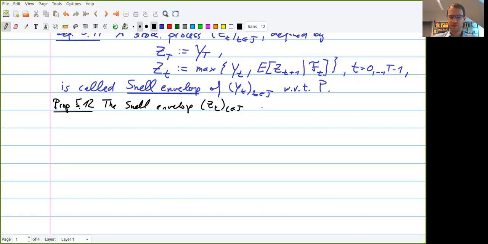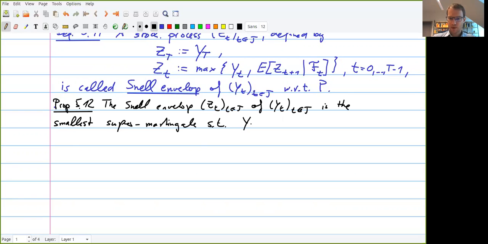The Snell envelope Z_t of Y_t, as we just defined it, is the smallest supermartingale such that Y is always less or equal than Z.